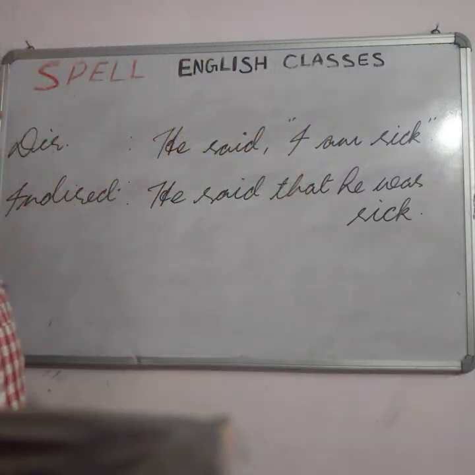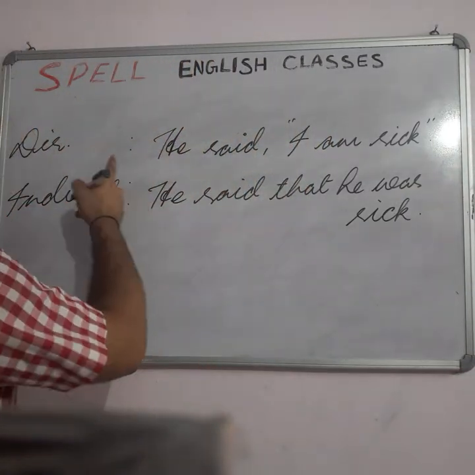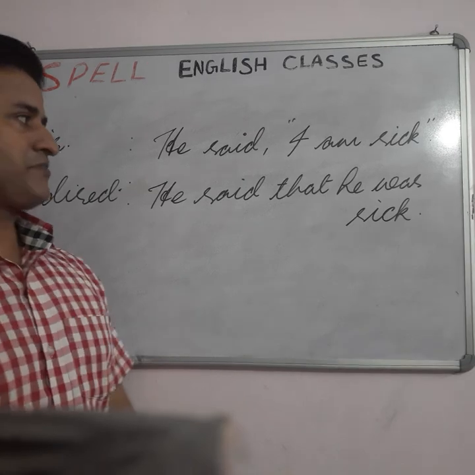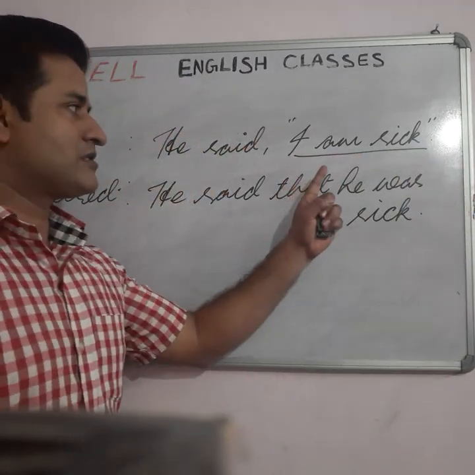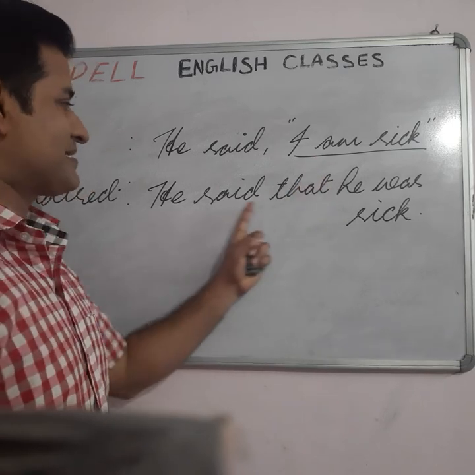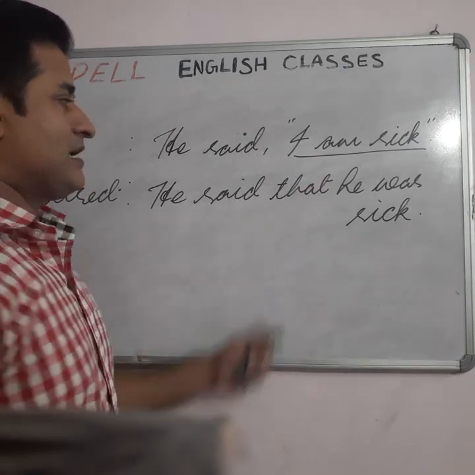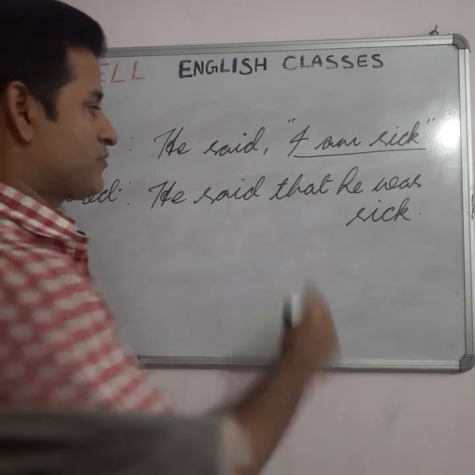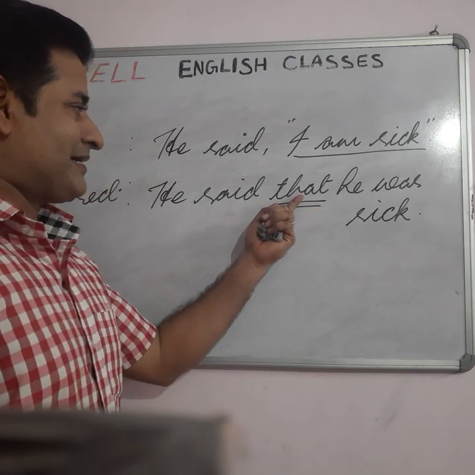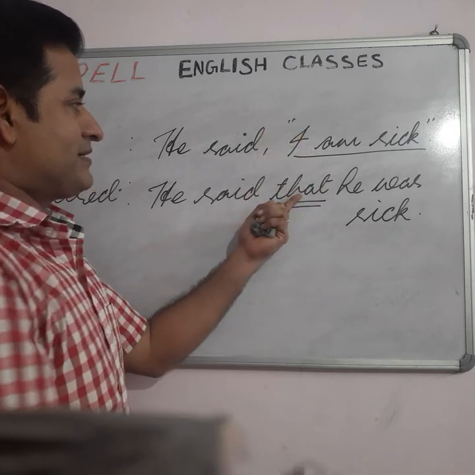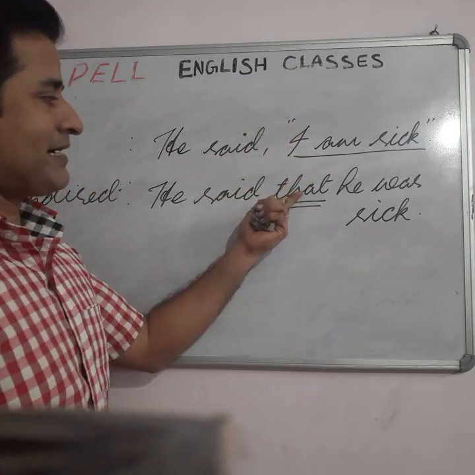You can see clearly the difference between the direct speech and the indirect speech. This has made use of the direct words of the speaker, whereas we can see this sentence having little changes provided to this, and the changes are that this was not there, this was nowhere in the direct speech.